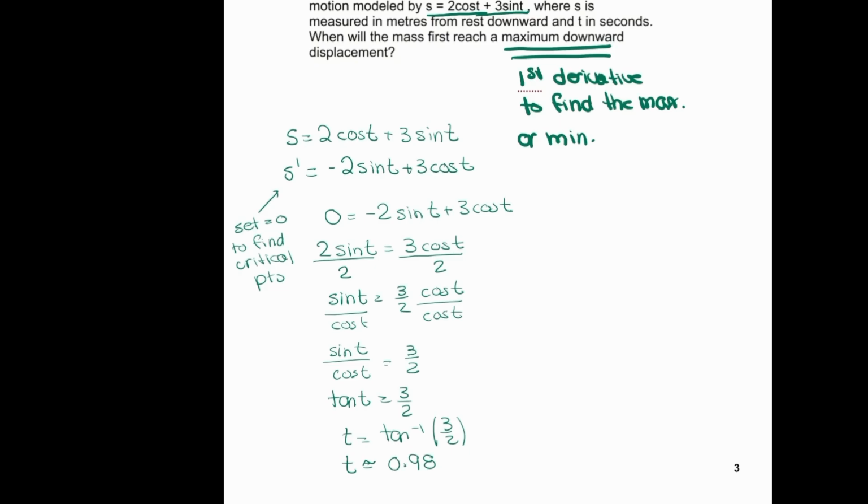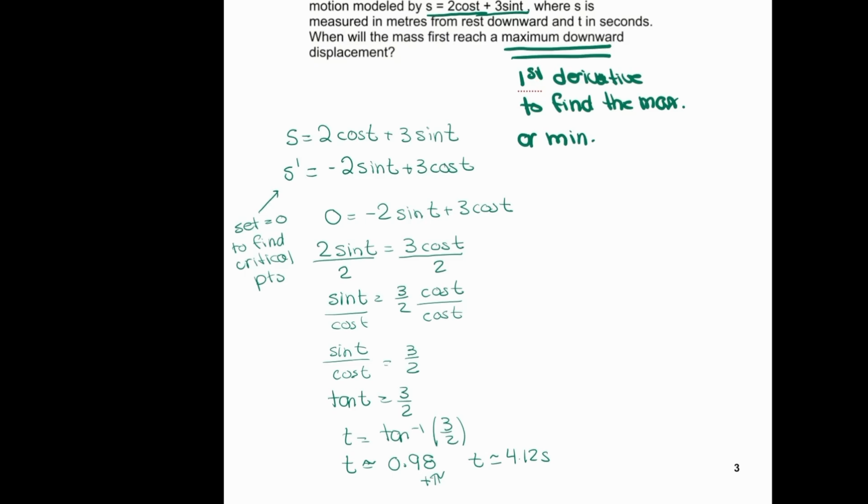But remember, this is oscillating, so there are actually going to be 2 times where it has a possibility of being at a maximum. There'll be 2 points. We have to add pi to get the second point, because it's oscillating. So our second time would be 0.98 plus pi, or approximately 4.12 seconds.